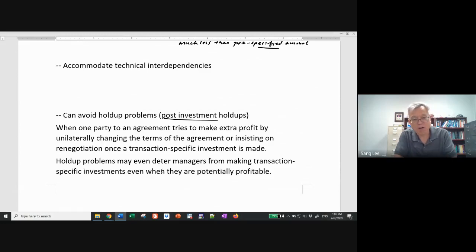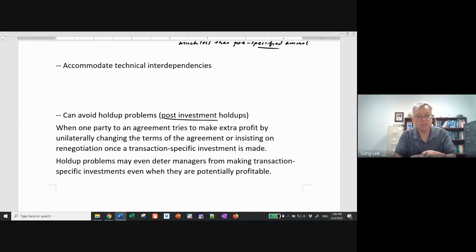So when one party to an agreement tries to make extra profit by unilaterally changing the terms of the agreement or insisting on renegotiation once a transaction specific investment is made, and such an attempt is made at the other party's expense, we say there is a holdup problem or post investment holdup.